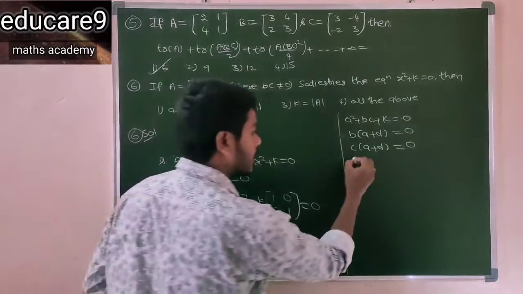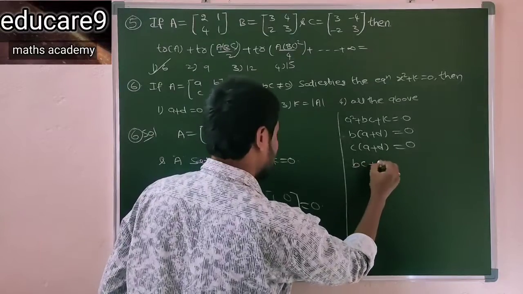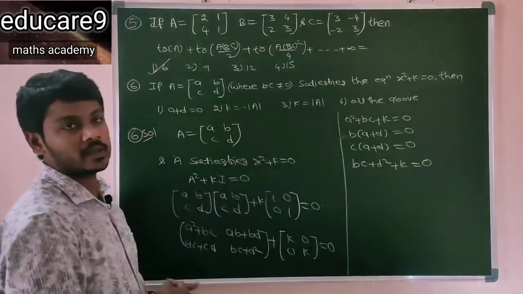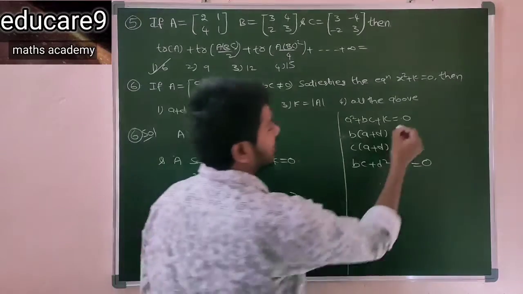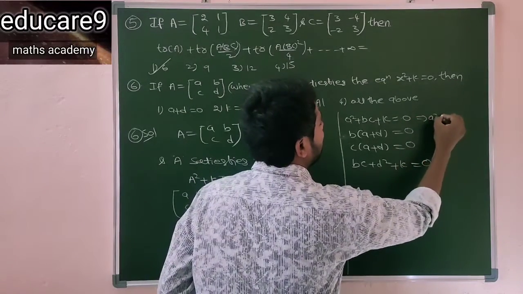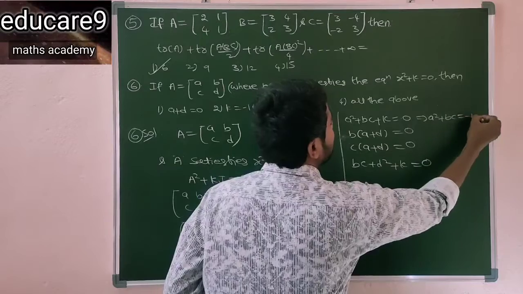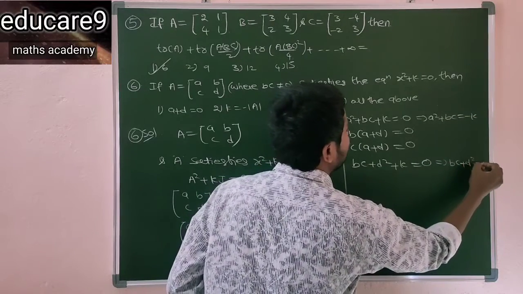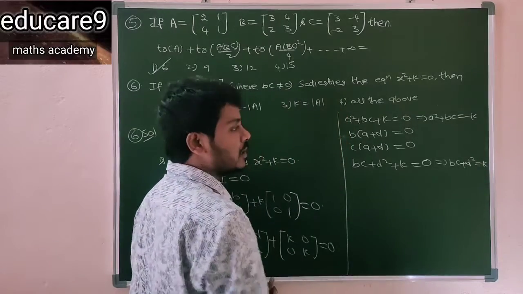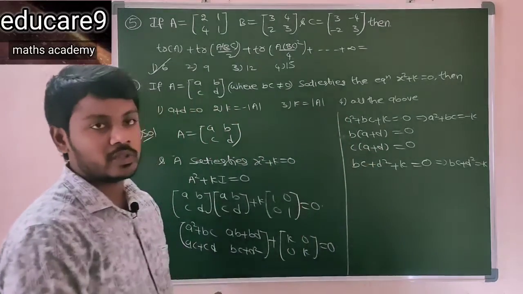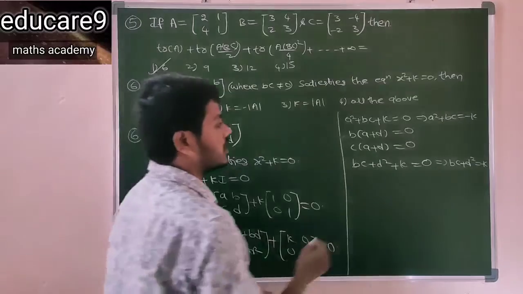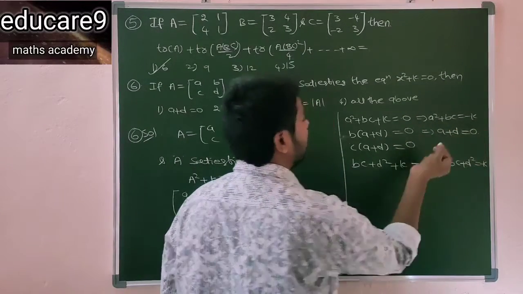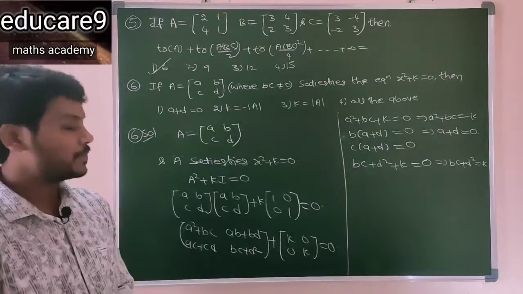Next one, BC plus D square plus K equals 0. So clearly from this, A square plus BC value is minus K, and here BC plus D square value is minus K. Now here A plus D equals 0, here also A plus D equals 0.